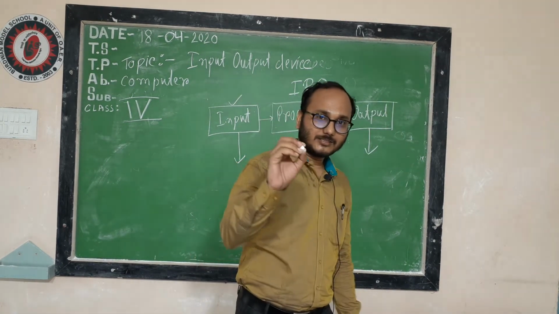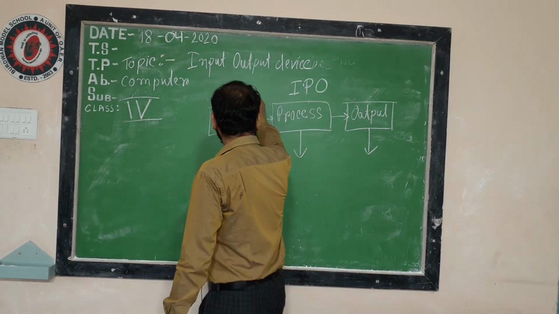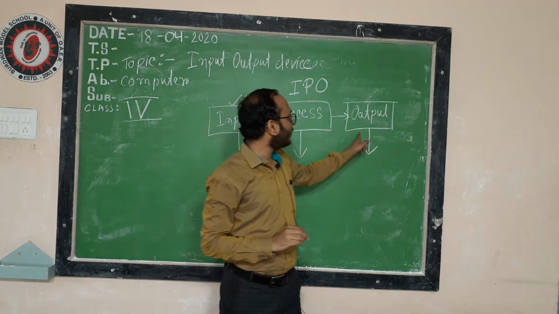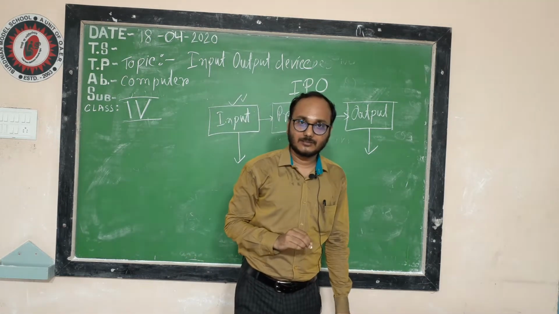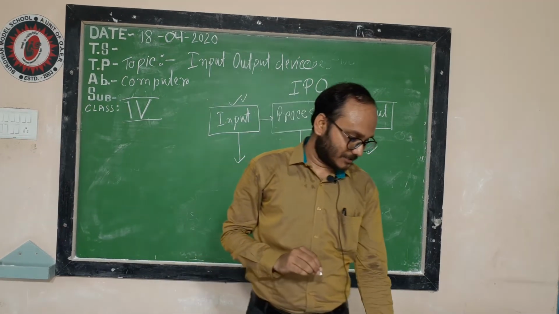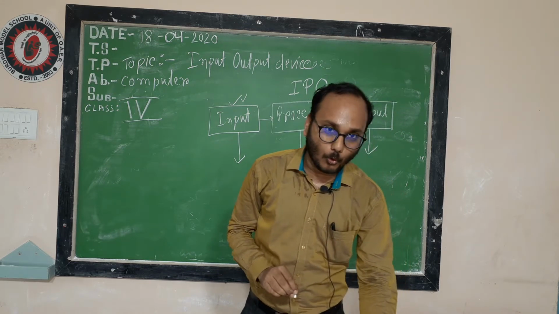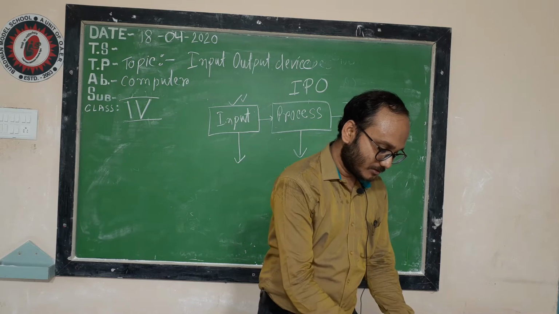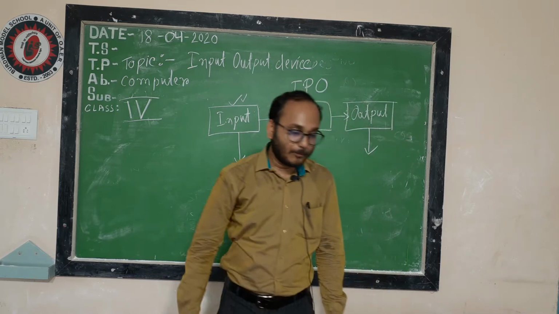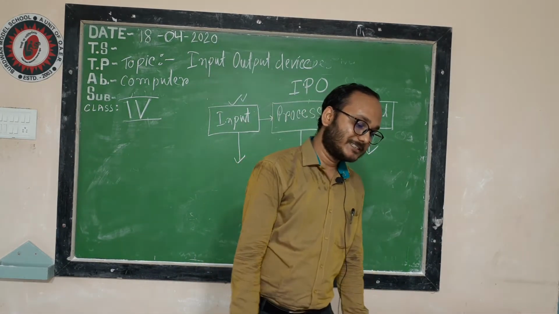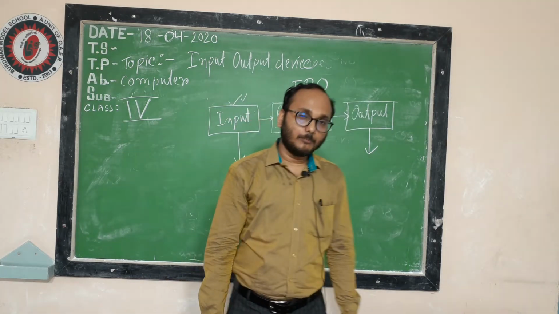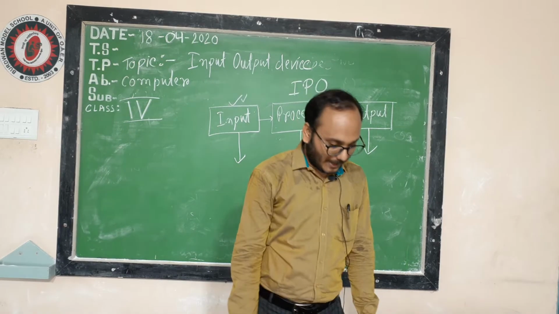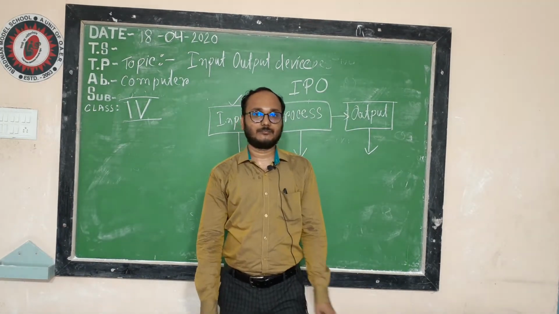So today the first concept is what are the input device and what are the output device. Input device, that means in your book you also found that the input device, that is keyboard, mouse, scanner, optical mark reader, smart card reader, web camera, joysticks.